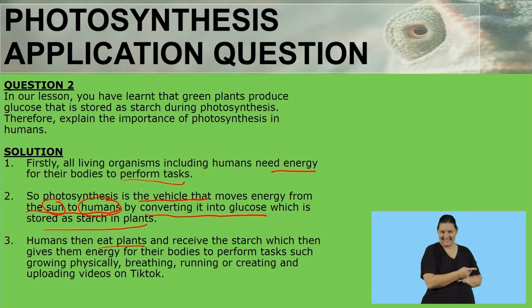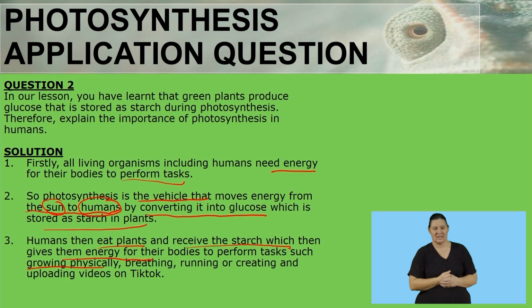So let us look at the third point. Actually, it further elaborates that. Humans then eat the plants. So we eat the plants and receive the starch that is stored in the plant, which then gives us human beings the energy for our bodies to perform tasks. What type of tasks, you may ask? Like growing physically.